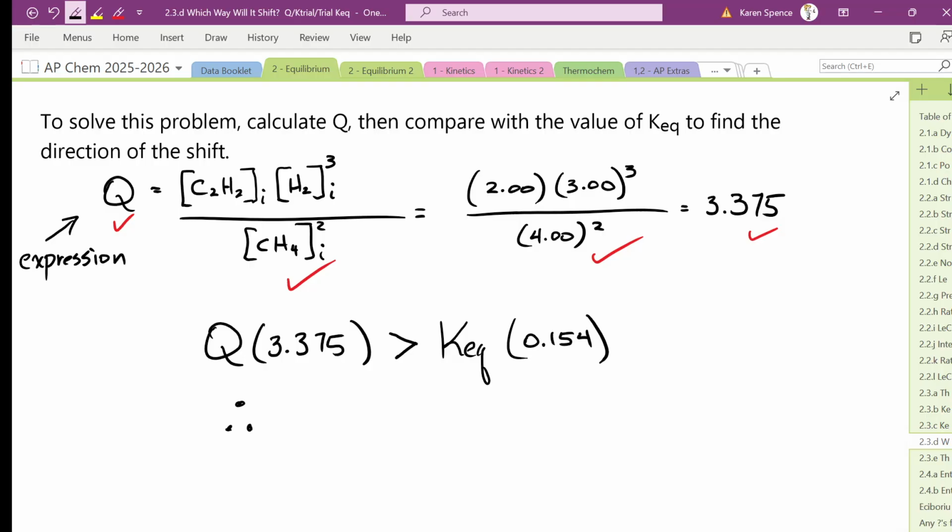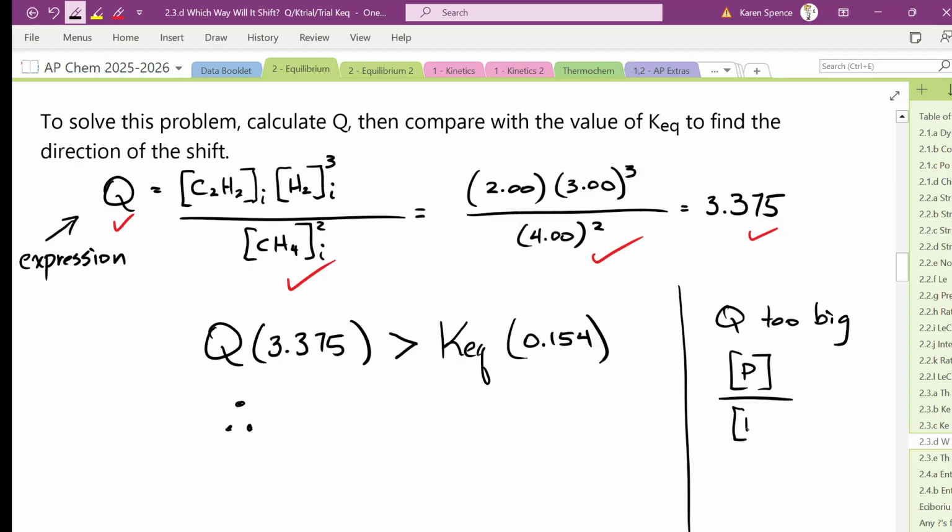you can think this through. You can be like, I have too much products and I need to shift towards the reactants. I'm going to put that over here because you don't have to write that. Q is too big. So products over reactants is too big.